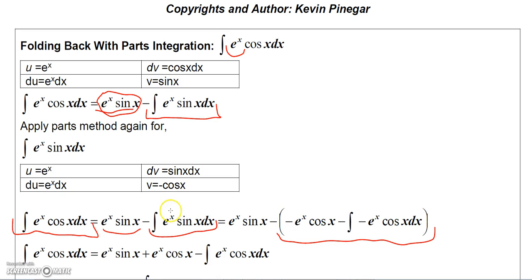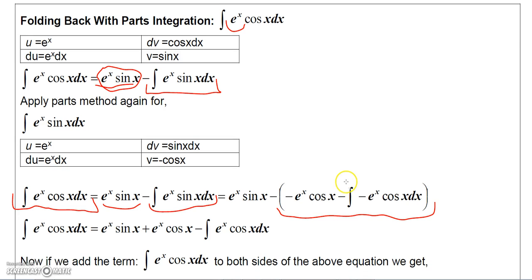So this integral, remember, from this second parts integration, I can write as uv, which would be e to the x times minus cosine x, so that would be minus e to the x cosine x, and then minus the integral of v du. And since v is minus cosine x and du is e to the x dx, I get minus e to the x cosine x dx.